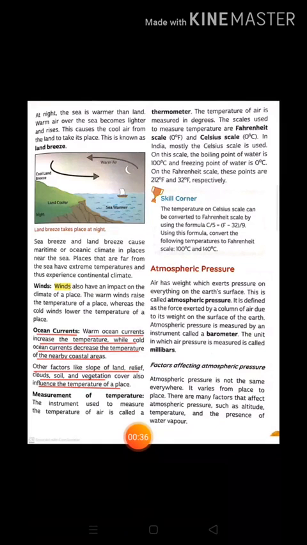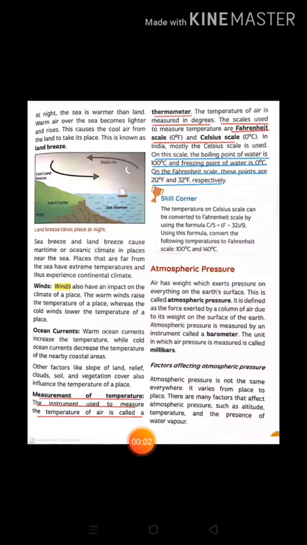And if cold ocean currents move towards coastal areas, then it will decrease the temperature. Students, except these factors, there are other factors that also have influence on the temperature of a place, like slope of land, soil, and vegetation cover.